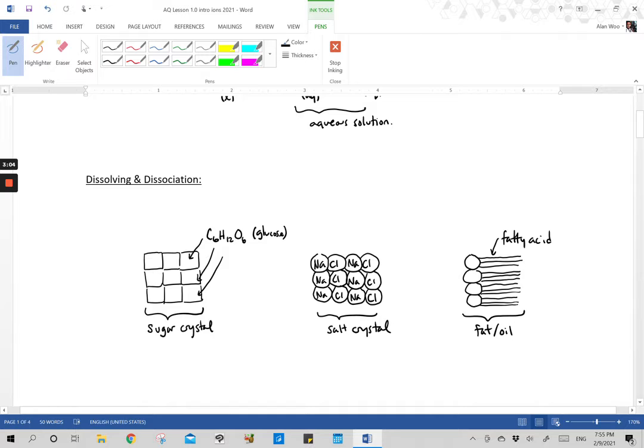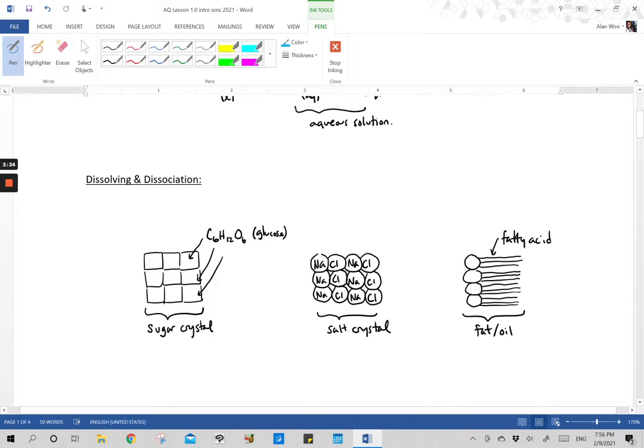In the middle, we have a salt crystal, many NaCl compounds stuck together to form a larger crystal or solid. And finally, we have some fats or oils, which are made up of fat molecules called fatty acids. Let's see what happens when we dissolve these substances in water.